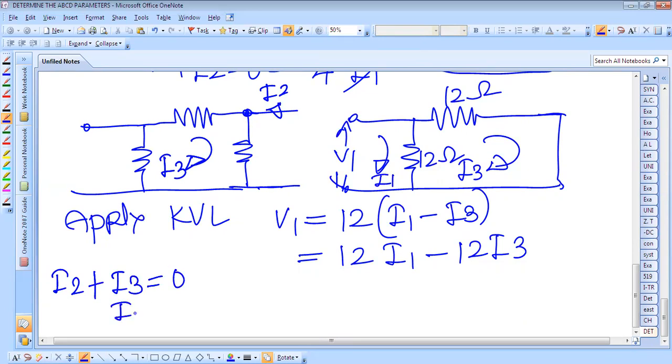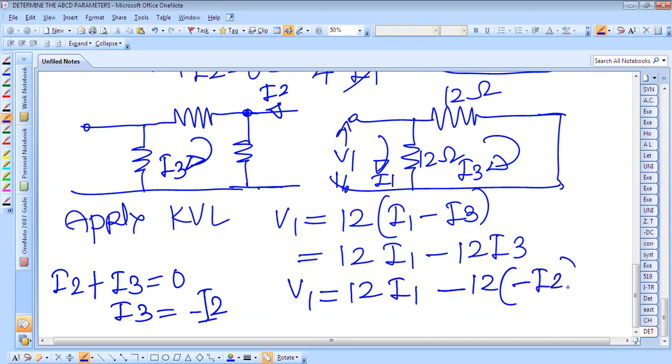So here we have to take I3 is equal to minus I2, and we have to put this value in this equation. So V1 is equal to 12 I1 minus 12 into minus I2.